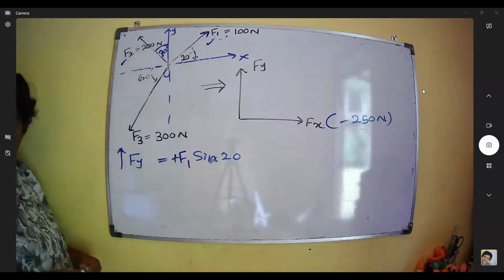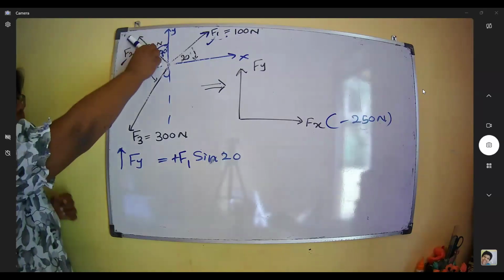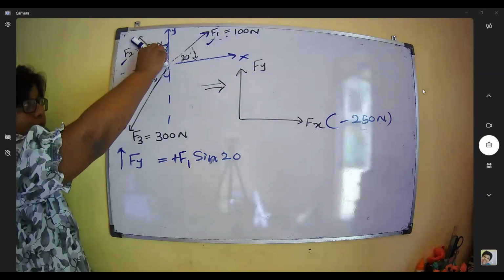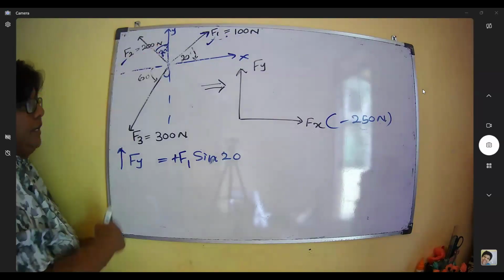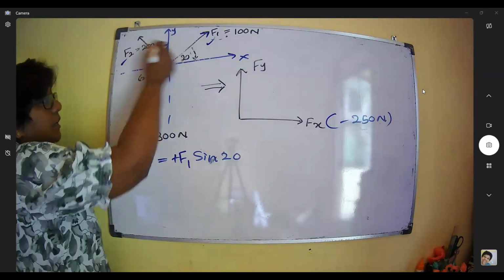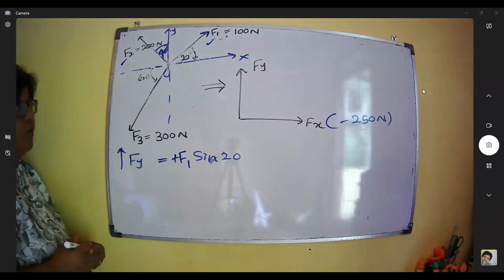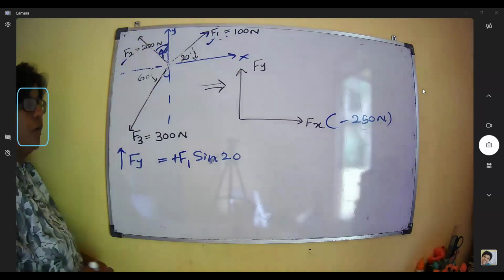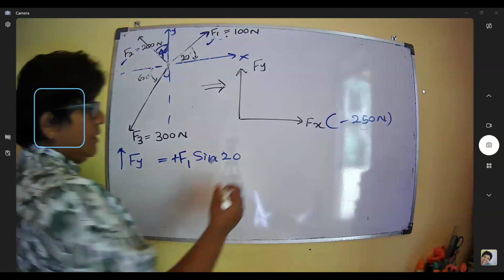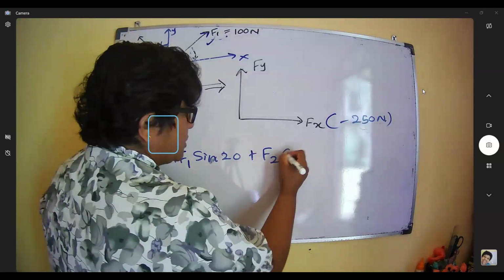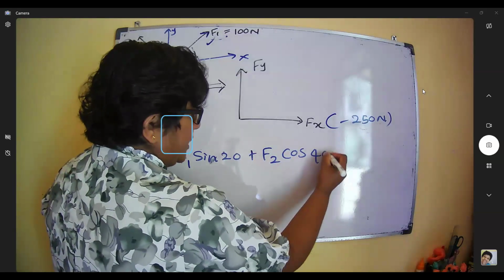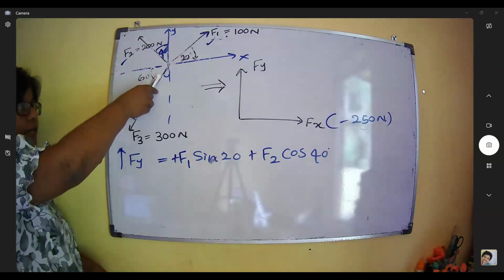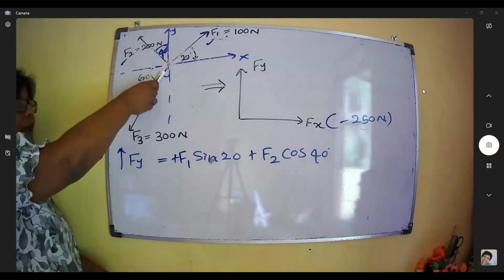Now take the next one, F2. This is the direction, represented by the top of the pen. Then 200 Newtons. If the angle is 40, then we can write 200 cos 40, the positive direction, plus F2 cos 40 degrees. And the last one, F3. F3 we can convert to the x direction.